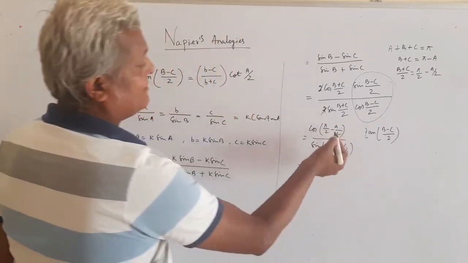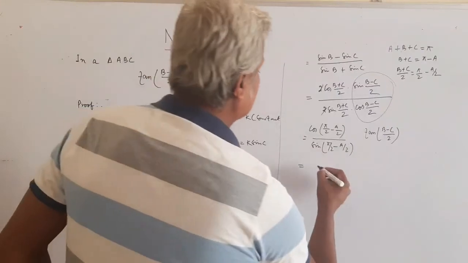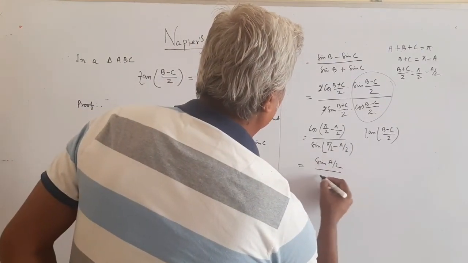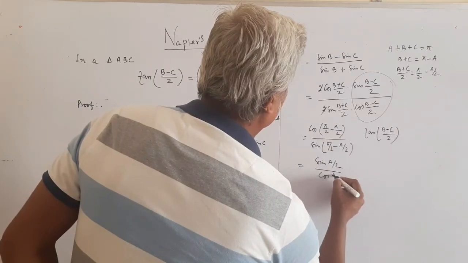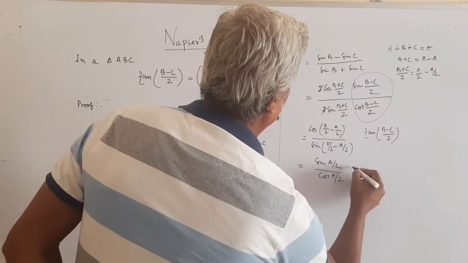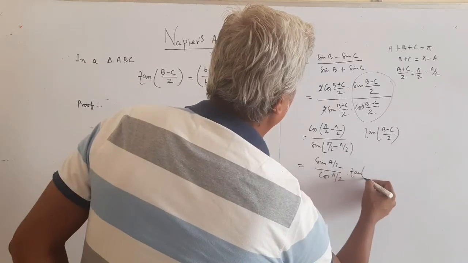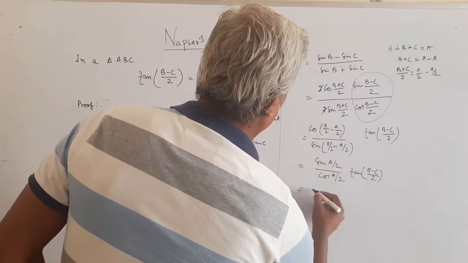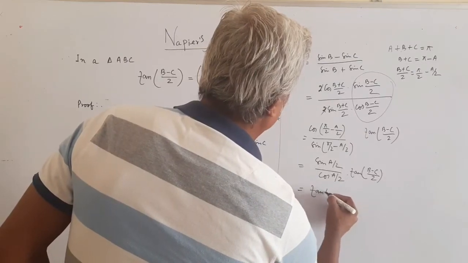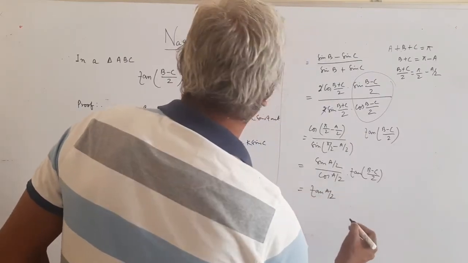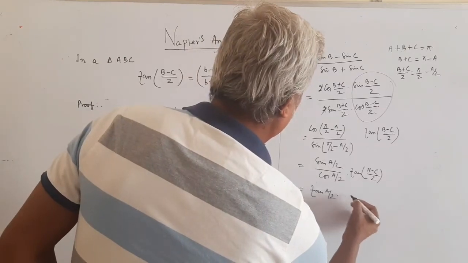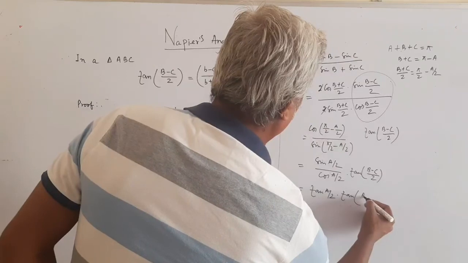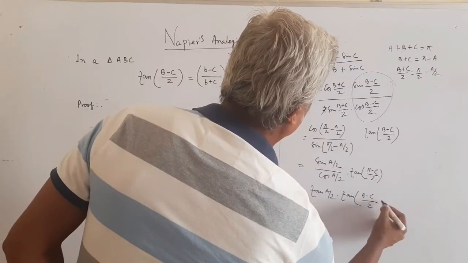Now sine of (90 minus theta) is cos theta, so this is sine A by 2 and this is cos A by 2, into tan of (B minus C) by 2. So that is tan A by 2 into tan of (B minus C) by 2.